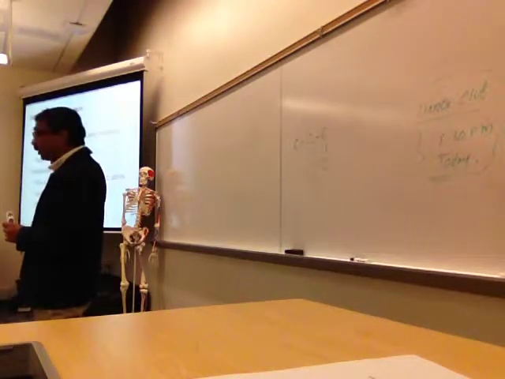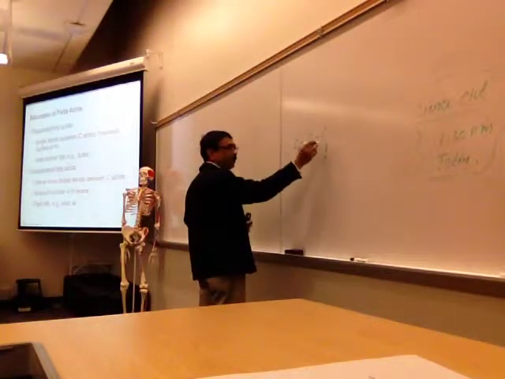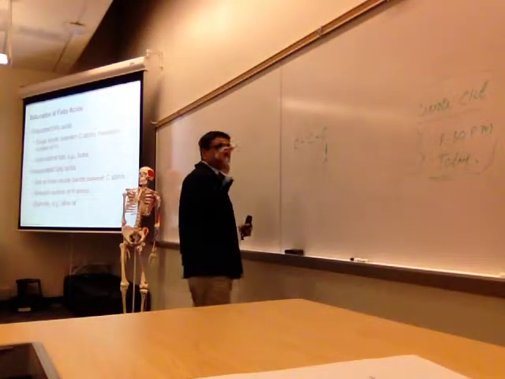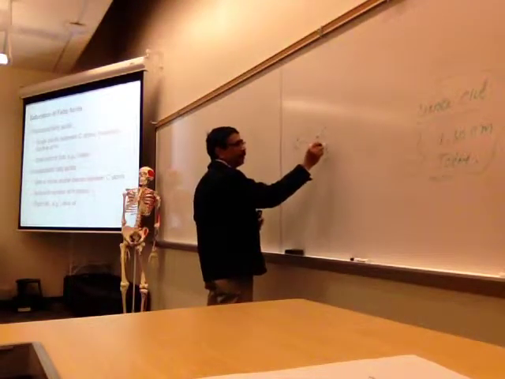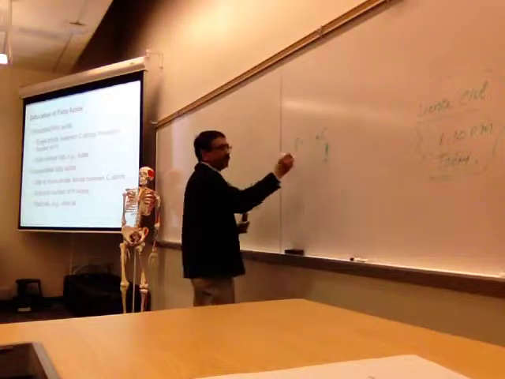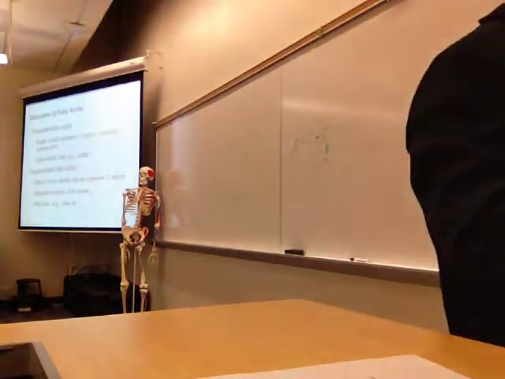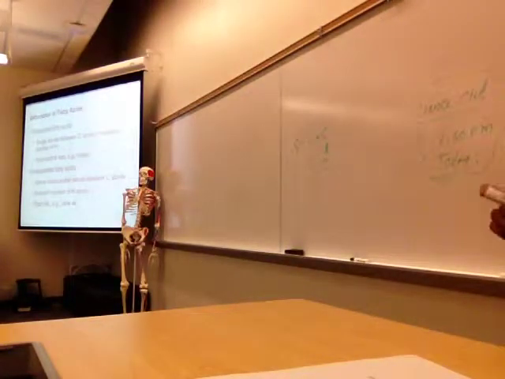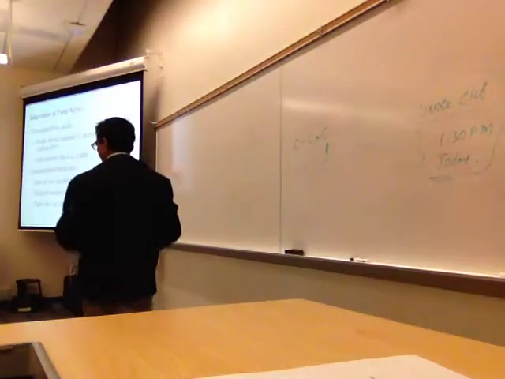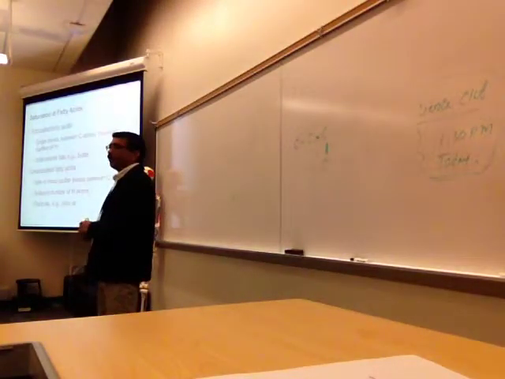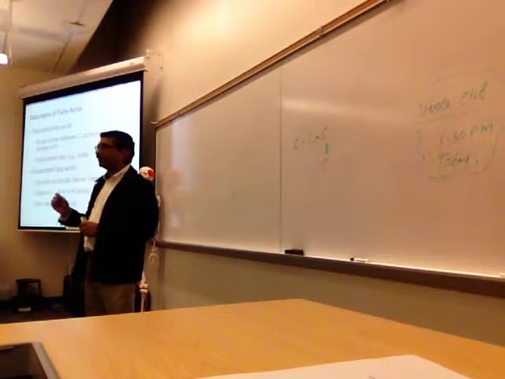In the case of saturated fatty acids, the carbon atoms are attached to each other by single bonds. In the case of unsaturated fatty acids, in many places you will see that the carbons are attached to each other by double bonds. So both single and double bonds are present in unsaturated fatty acids. That is one difference. Number two, why do we say saturated and unsaturated?